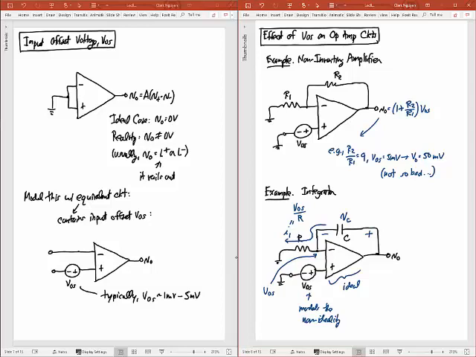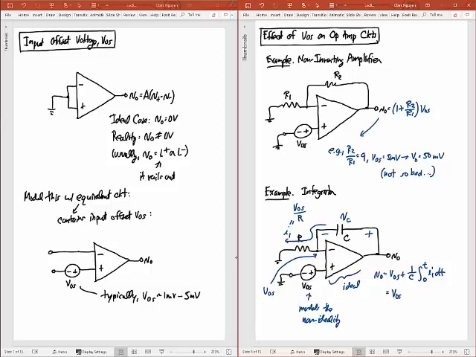And so if I were to write the equation for the output here, that would be V naught is equal to the voltage that I have at this negative terminal, which is VOS, plus an integrator. This is basically an integrator, 1 over C times the integral from 0 to T of that current I1 dt. Okay, that's what this op-amp circuit does, and you can do that analysis to verify that.